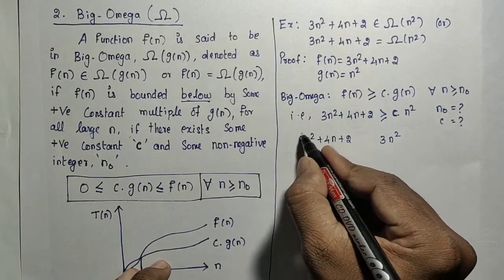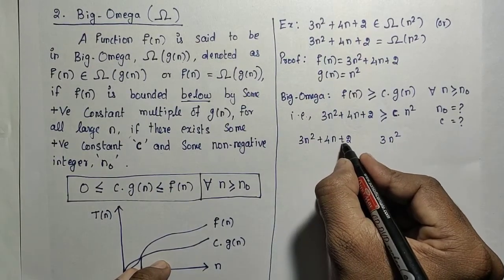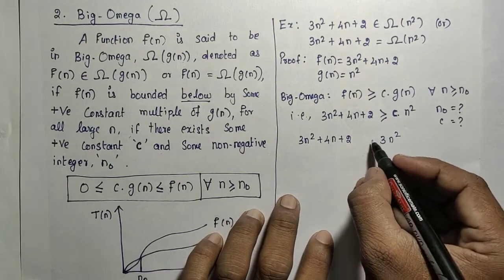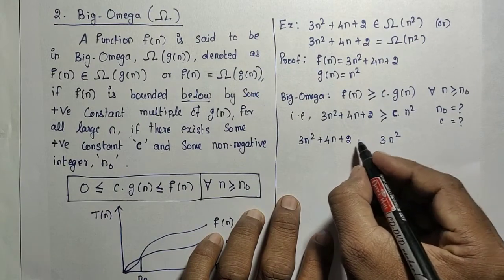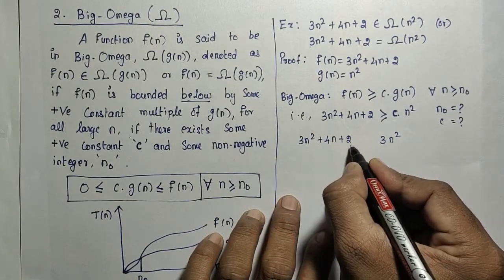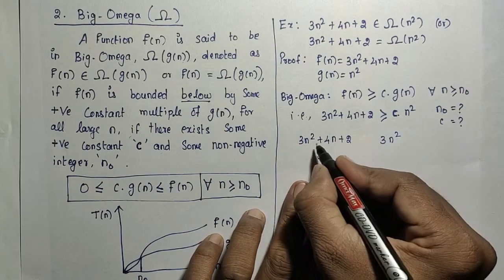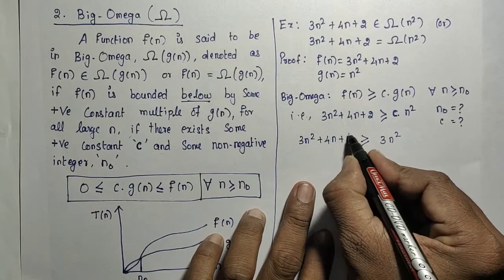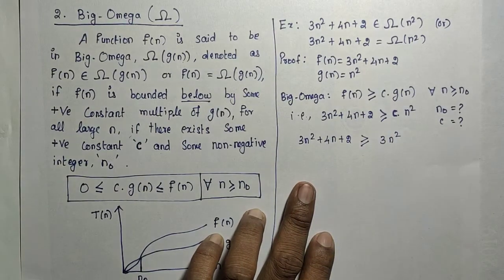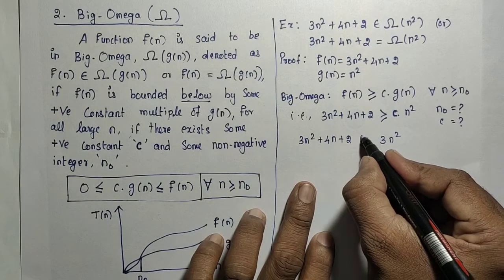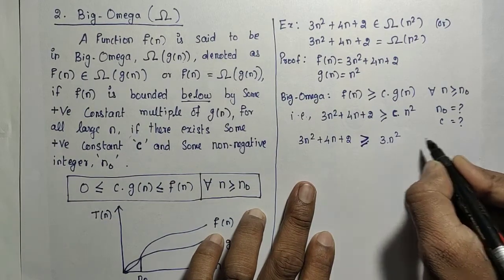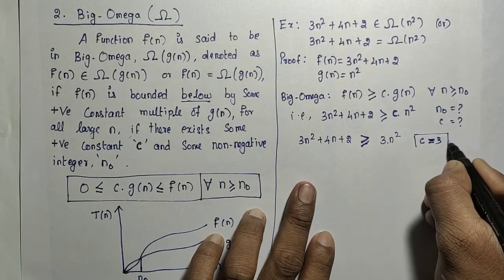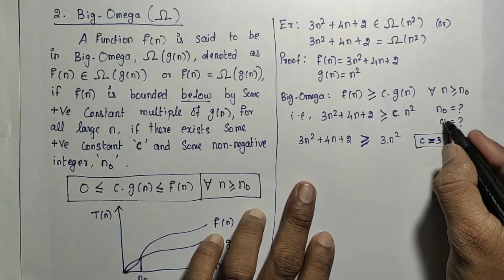So we have written the bigger term alone, and the plus 4n plus 2 is skipped. So 3n squared must be less than or equal to the full expression, since we have skipped those terms, correct? So we can relate like this, and we can choose c equal to 3, and we need to find the n naught value.